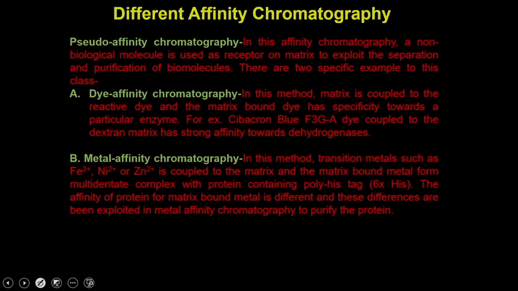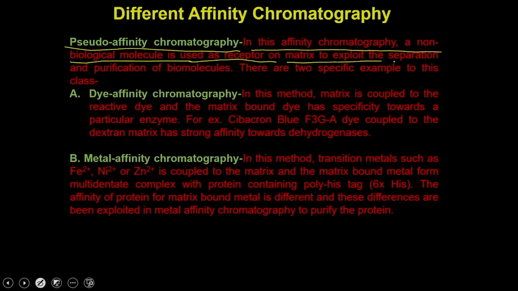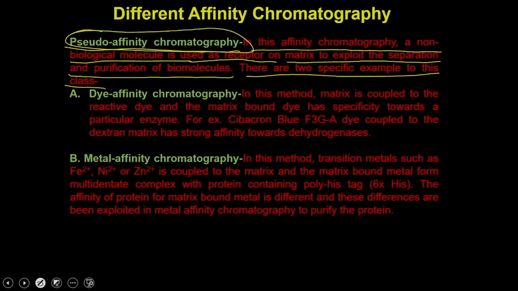Now, the second class is called pseudo affinity chromatography. In this affinity chromatography, a non-biological molecule is used as a receptor on the matrix to exploit the separation and purification of the molecules. There are two specific examples of this class. Okay. So, pseudo affinity chromatography is different from bioaffinity chromatography.